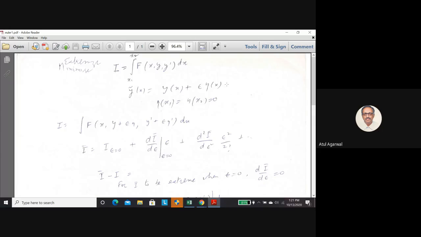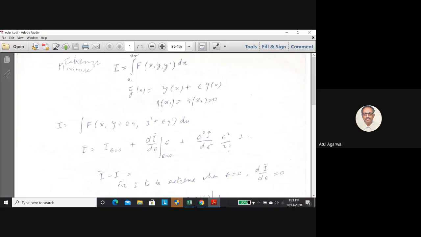So if your actual solution is a straight line and this eta is a sine curve, then by changing epsilon you can have different things. One is big, one is small, but at the ends the same value has to be there. So this is what you put as the conditions on eta.